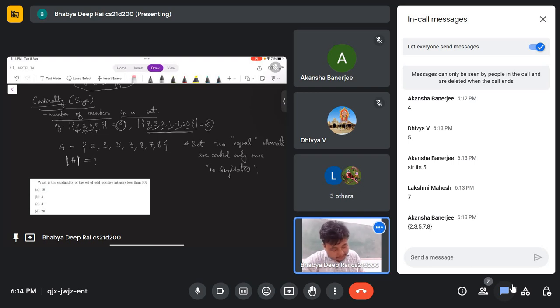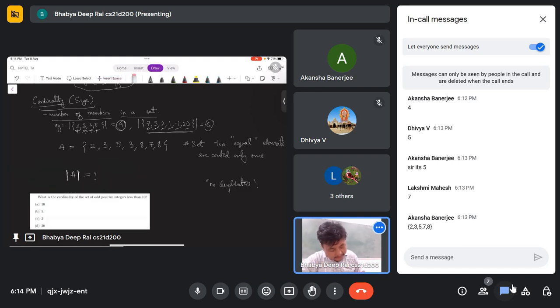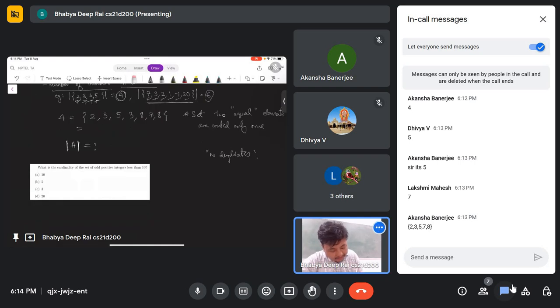So here you can see that A can be rewritten as 2, 3, 5. Now 3 is a duplicate out here. This is not allowed in sets. So this 3 and this 3 are treated as a single element.